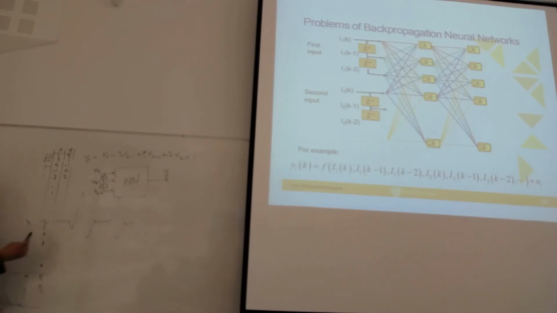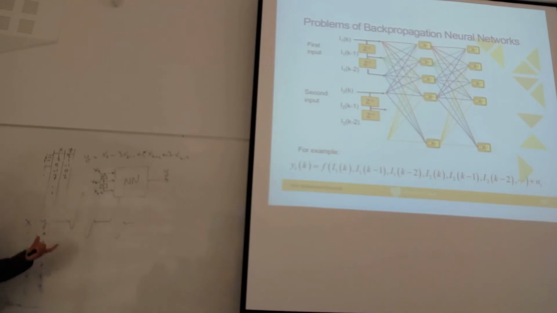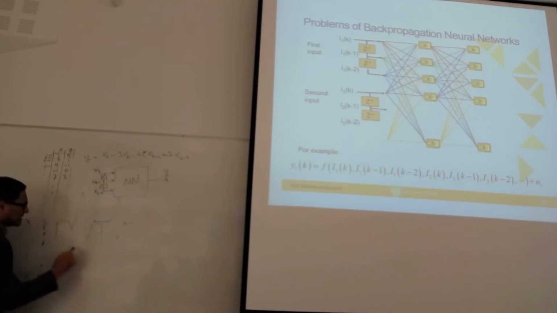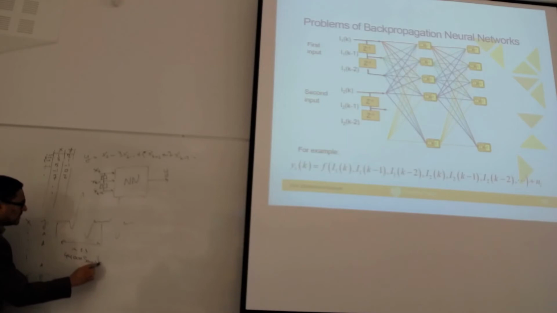So the problem here is that we have very high accuracy data. You know that the heart rate is about 1 per second, because we have about 60 or 70 beats per minute. So the time here is about 1 second. The data rate that we had was very high, about 44,000 samples per second.